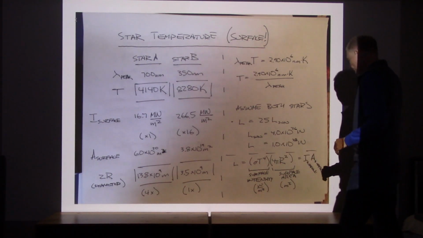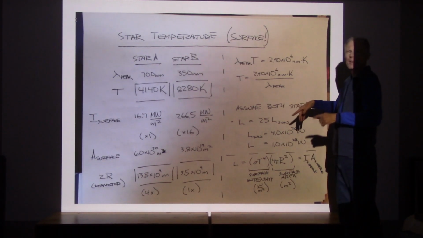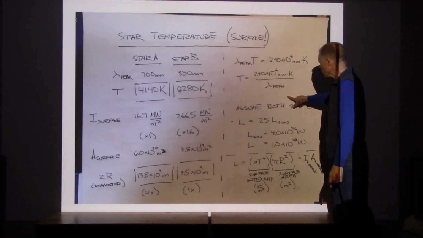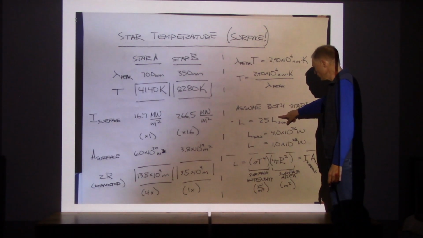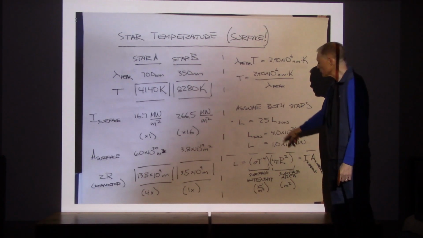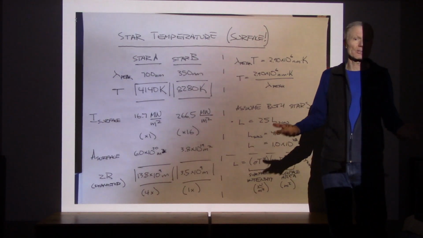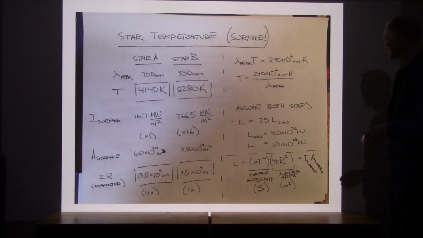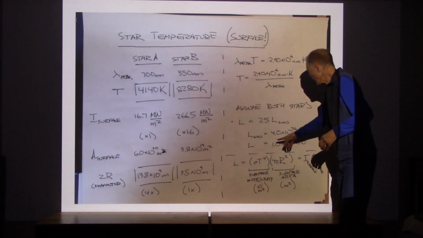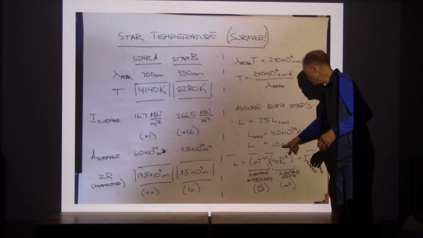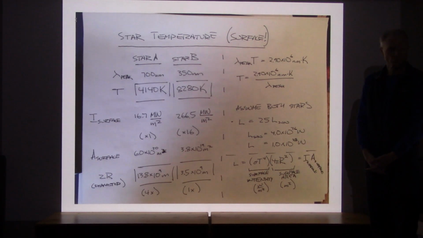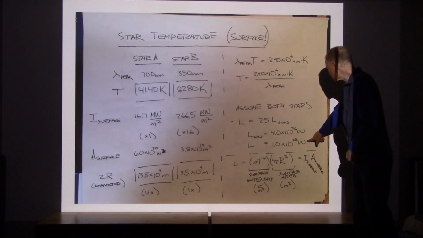But let's do this. So I went in and put some numbers into this also. Let's assume that both stars are really luminous. So let's assume both stars are 25 times the luminosity of the sun. So their power output is 25 times as much. And what that gives us is a value for their luminosity, 1.0 times 10 to the 28 watts.